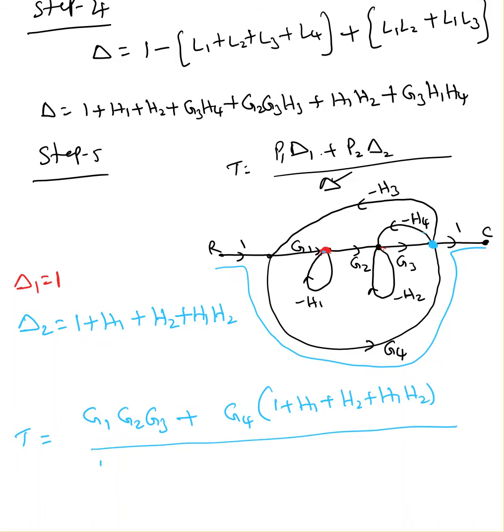I'm going to write everything: 1 plus h1 plus h2 plus Z3 H4 plus Z2 Z3 H3 plus h1 h2 plus Z3 H1 H4. I hope you understand better with this example, but I'm going to solve at least another 1 or 2 examples. Thank you.